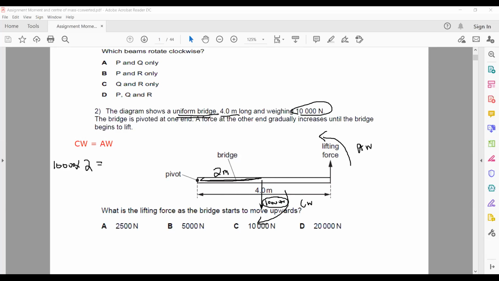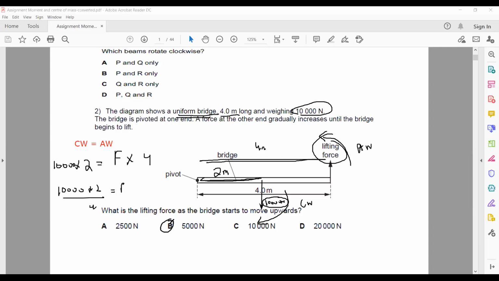a lifting force. Which direction does this lifting force cause a moment? Anti-clockwise. So that's the lifting force, say F, and the distance from the pivot, this is the pivot, is equal to 4 meters. So F is multiplied by 4, and if 4 is multiplied on one side, on the other side it will divide. So 10,000 multiplied by 2 divided by 4. What is the lifting force here?